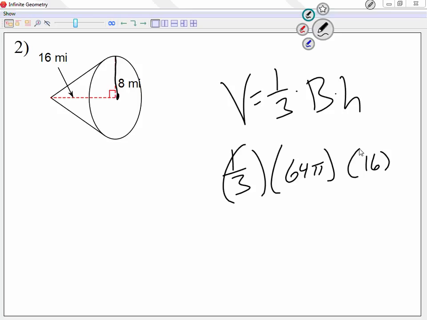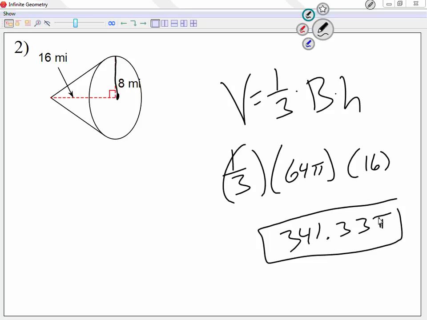What is it? 341 point, and another 3. Because remember, we said round it to the nearest hundredth, so 2 decimal places. So 341.33 pi. Don't forget our pi. Once again, if you guys are using units, it's miles cubed or cubic miles.